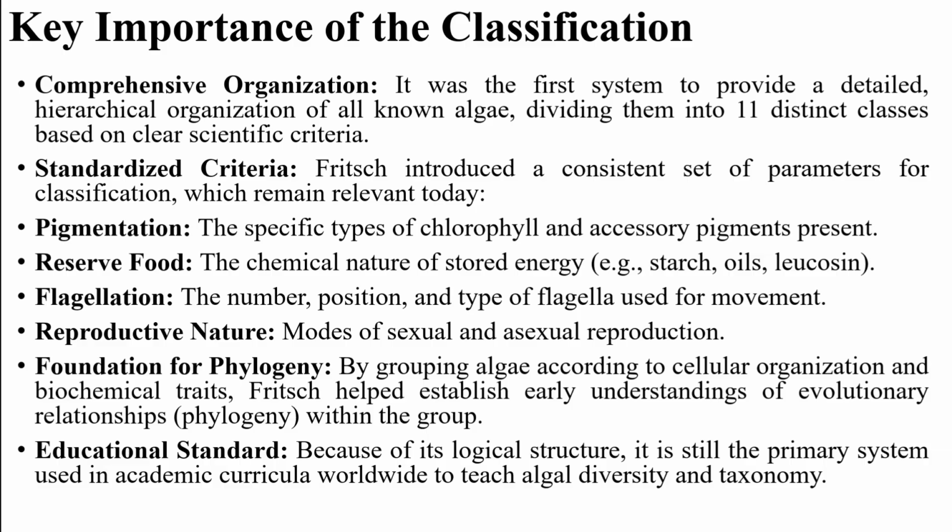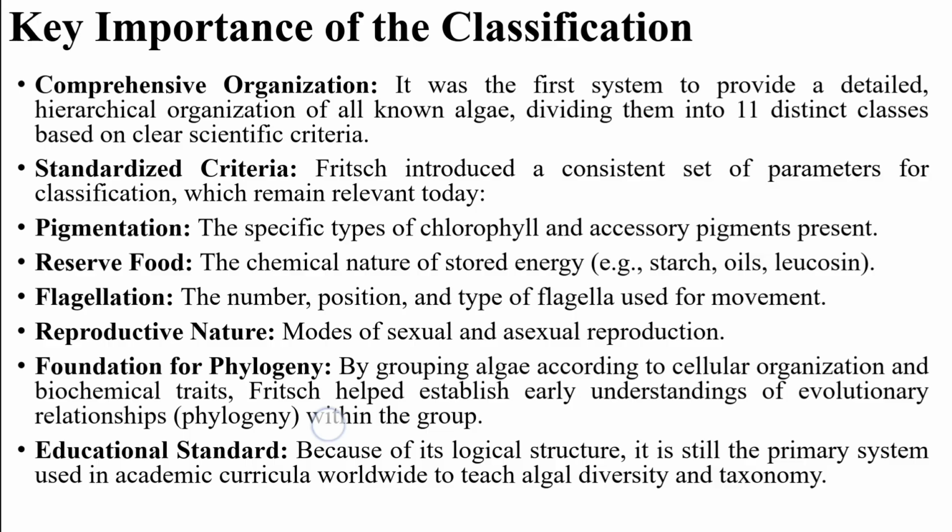Next, standardized criteria. Fritsch introduced a consistent set of parameters for classification which remain relevant today. For example, pigment system: which pigment system is present in which class? Reserve food material, flagellation, reproductive nature.